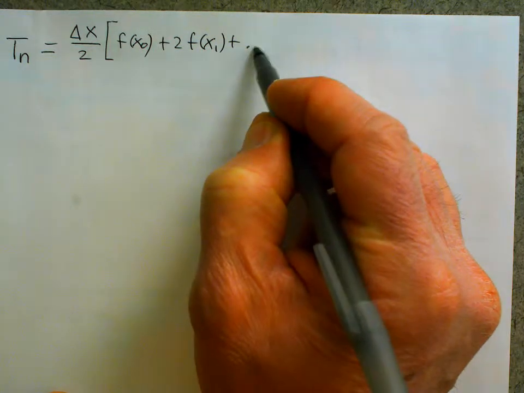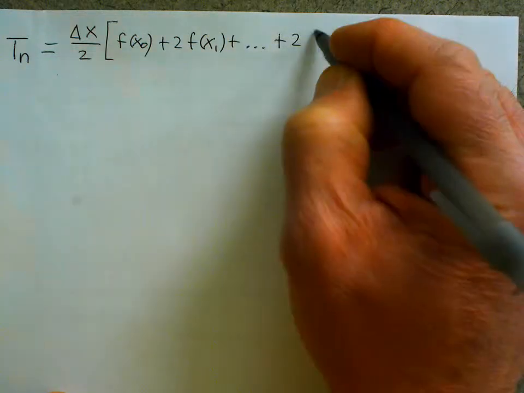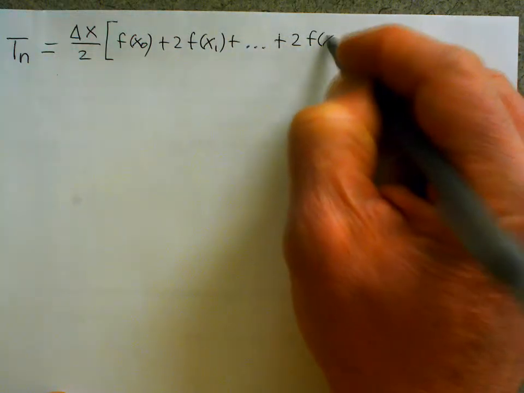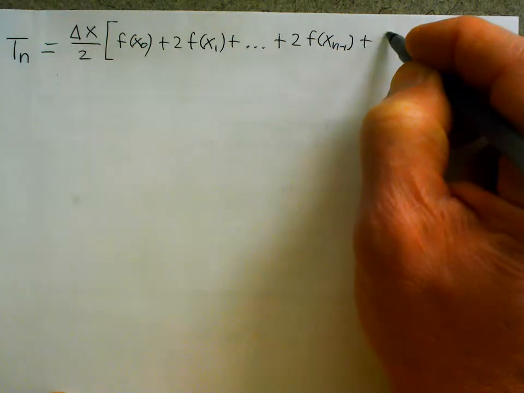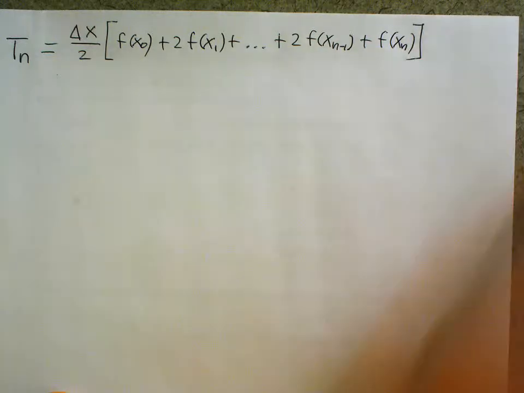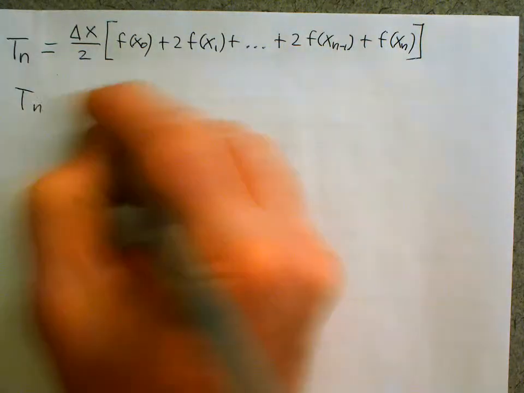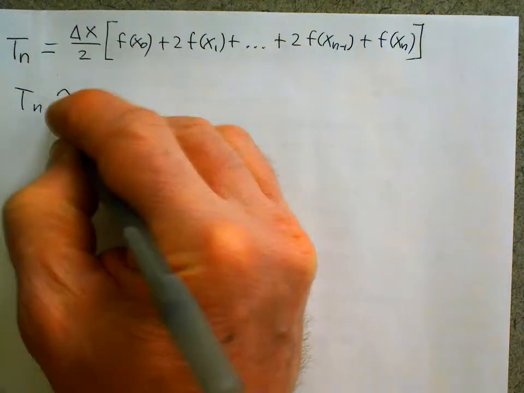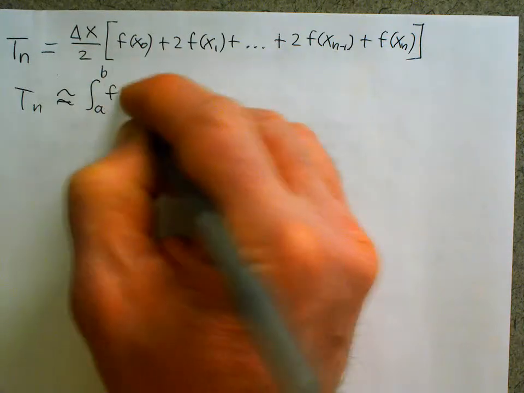All of the intermediate coefficients are 2. Okay, that's the trapezoidal rule. This is used to approximate a definite integral of a function of x.